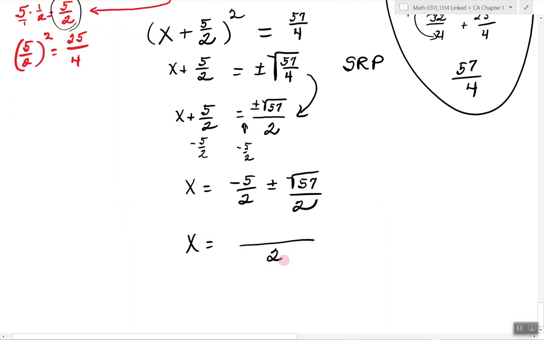Over 2, negative 5 plus or minus the square root of 57. Once again, if it needs to be separated, it's negative 5 plus the square root of 57 all over 2 with a comma, negative 5 minus the square root of 57 over 2.